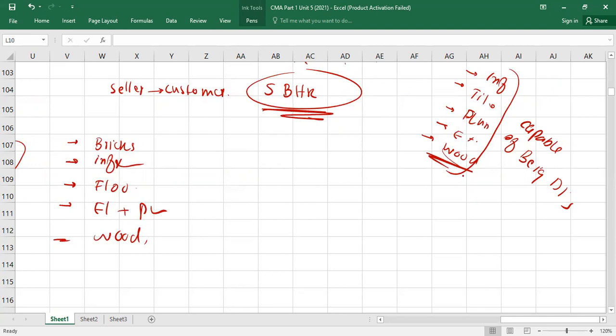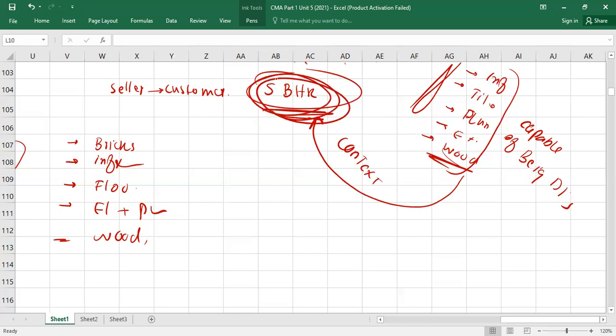But when you look into the context of the contract, even though these products are separately saleable, when I look at the context of the contract, these are not separately identifiable. The reason is I have to complete the house. It means these are capable of being distinct, but these are not distinguished in the context of the contract.